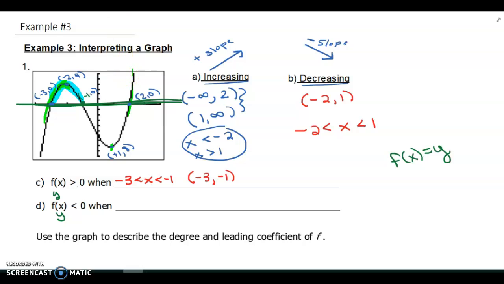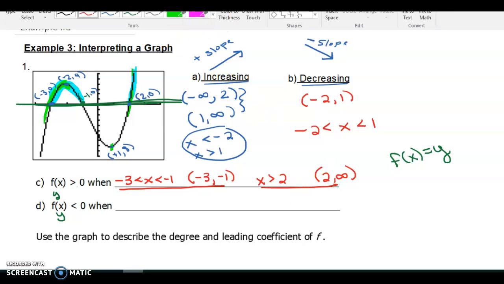And then I'm above my axis again from here all the way to infinity. So I could say when x is greater than 2, or in interval notation, I would say 2 to infinity. So these two are the same thing, and these two are the same thing.